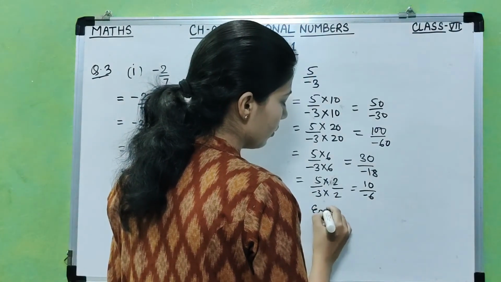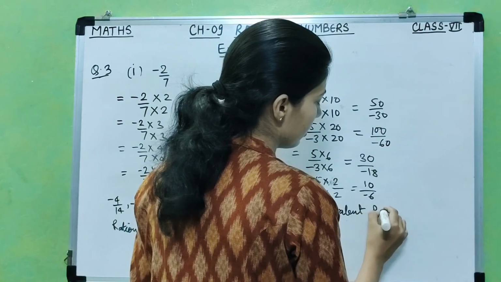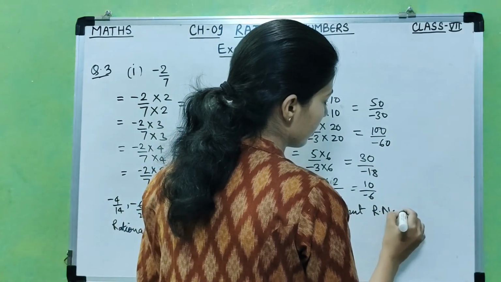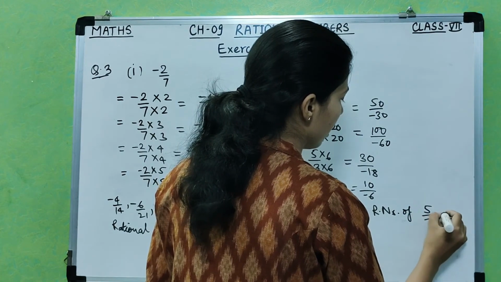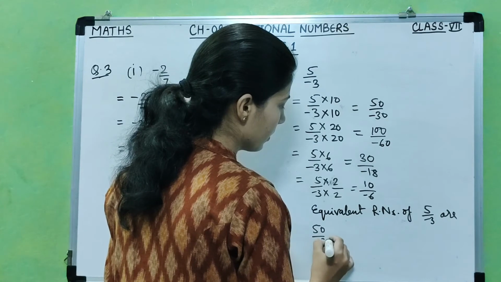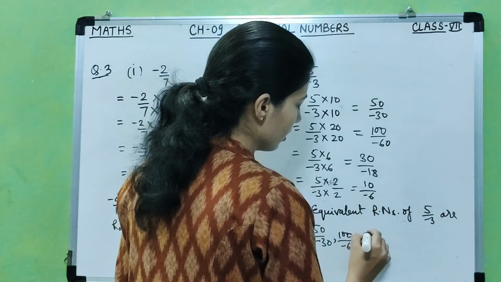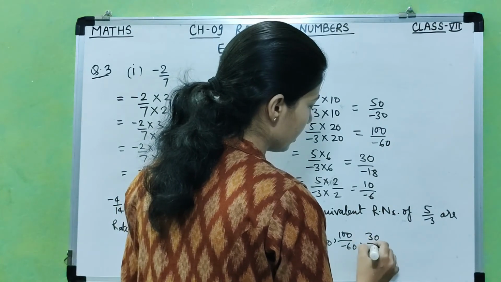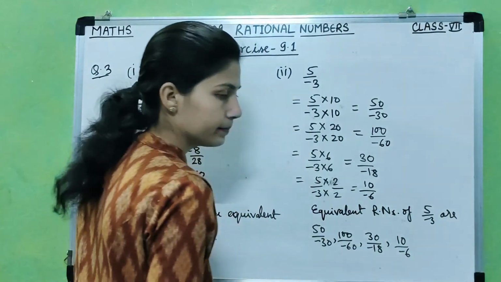So equivalent rational numbers of 5 upon -3 are 50 upon -30, 100 upon -60, 30 upon -18 and 10 upon -6.